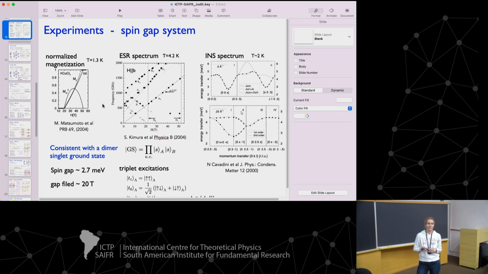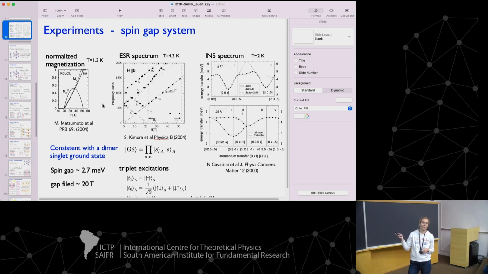So if you did an ESR experiment as a function of field direction, you might see these degeneracies disappear. That's a very good idea. This is a really old measurement, and I don't know the resolution, but even to tell whether this is degenerate or split is hard. I don't know how feasible it would be to repeat.